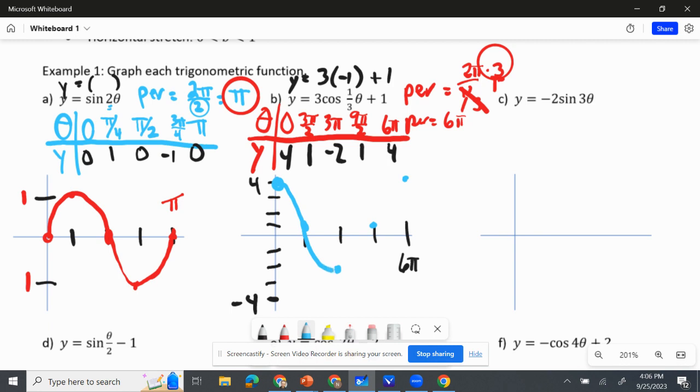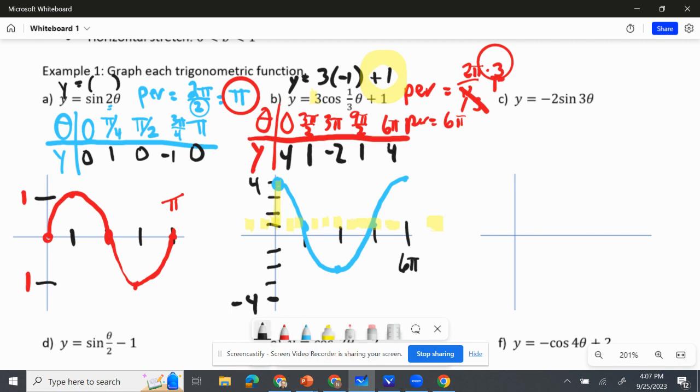So this right here gives us our graph. Notice that we talked about last time our midline. So our midline is +1, and the distance from the middle to the peak is 3 because our amplitude is 3.